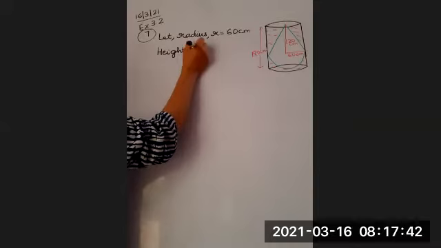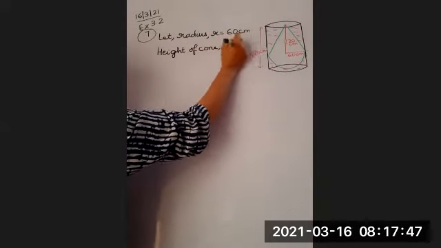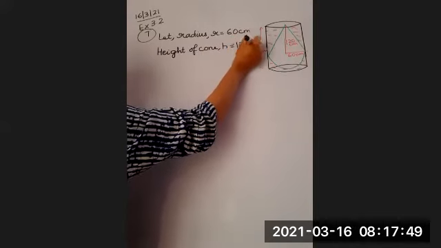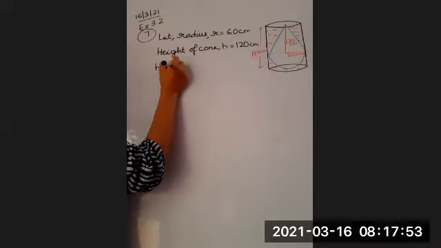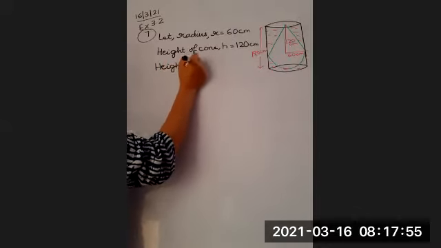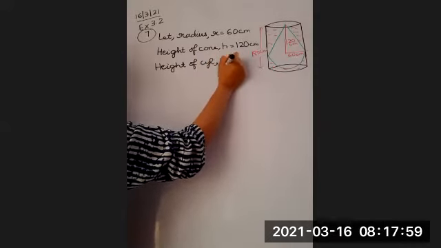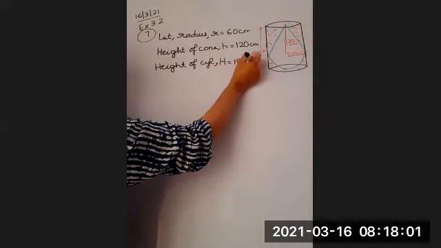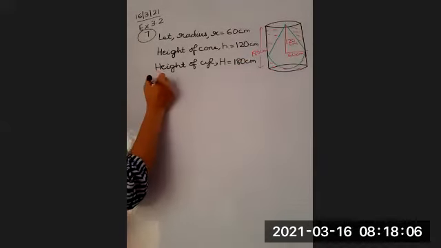Height of cone, let it be small h, which is 120 centimeter. Height of cylinder, let it be capital H, and this is equal to 180 centimeter.